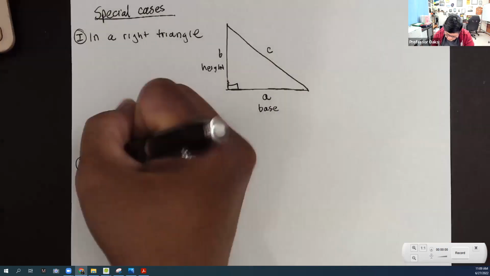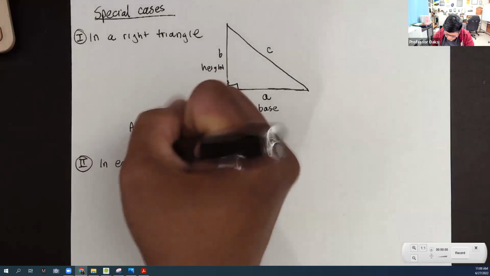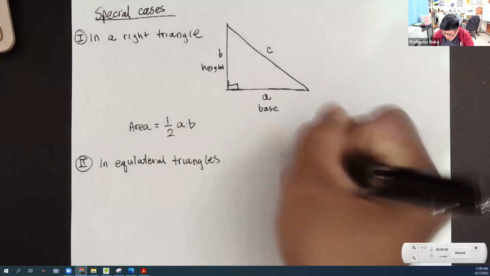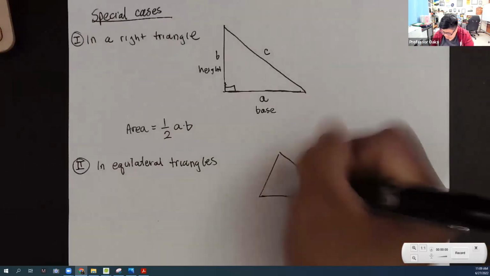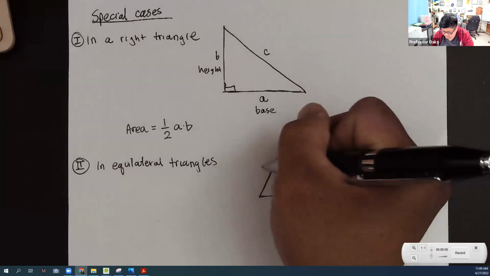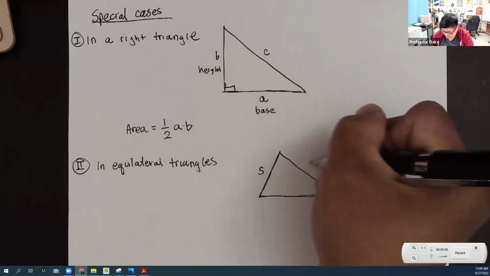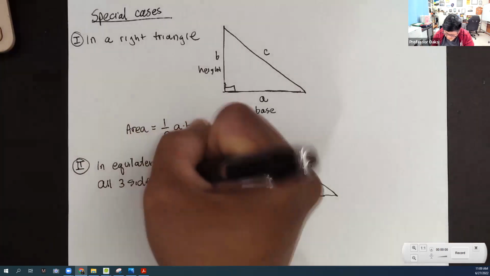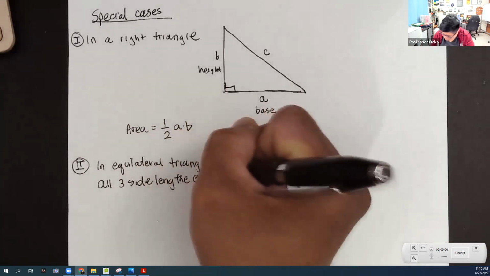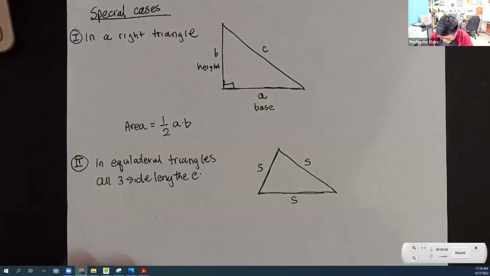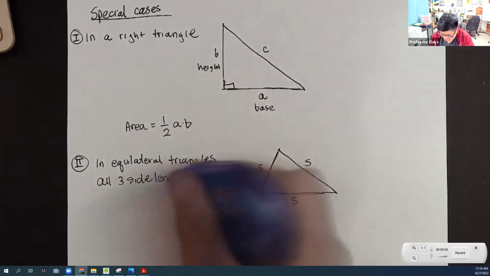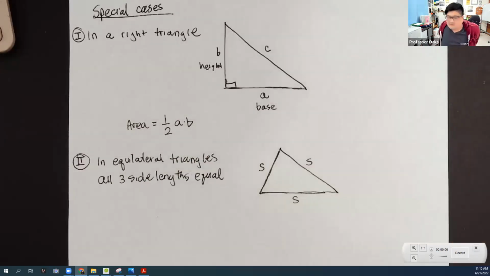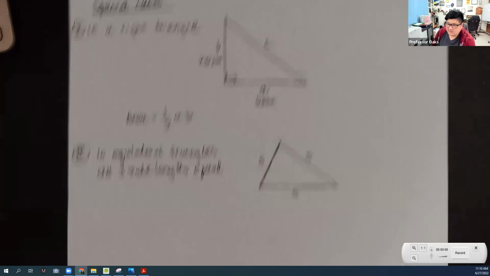an equilateral triangle. In equilateral triangles, all of the sides are the same, so all 3 side lengths are equal to S. Again, I'm only saying this because I've seen it come up in calculus and I feel like it could be useful to you.